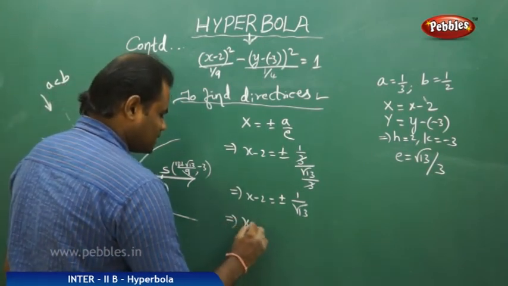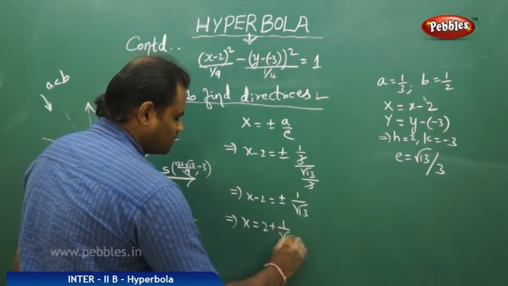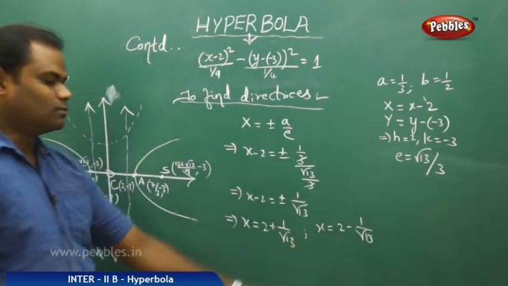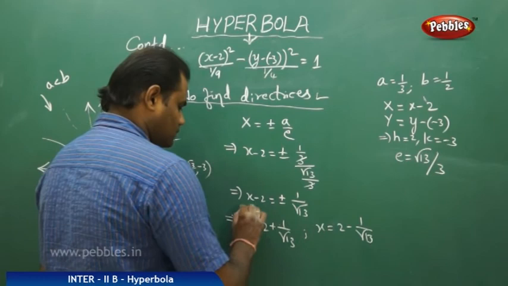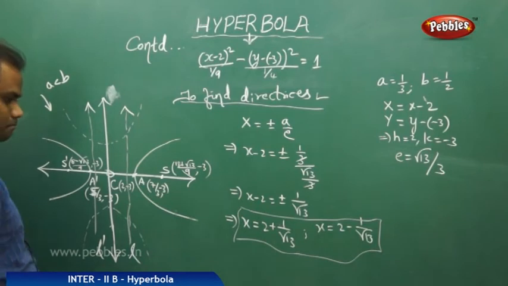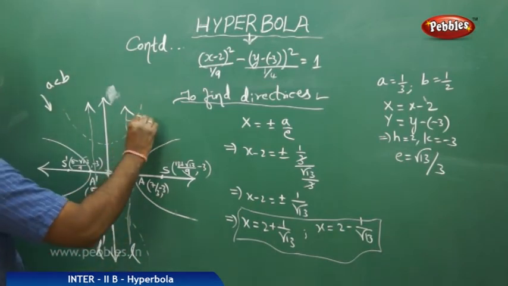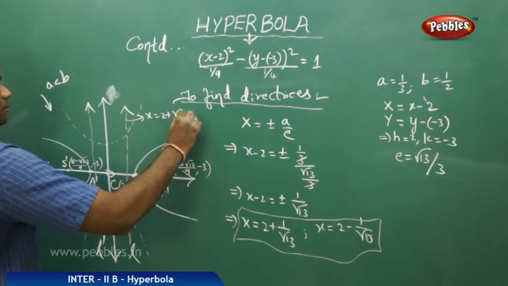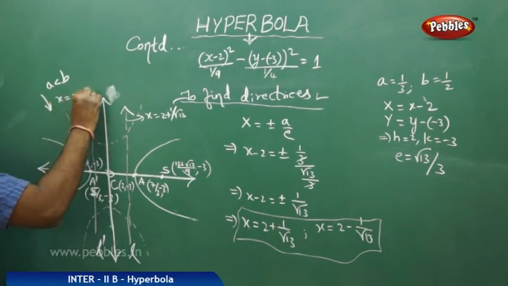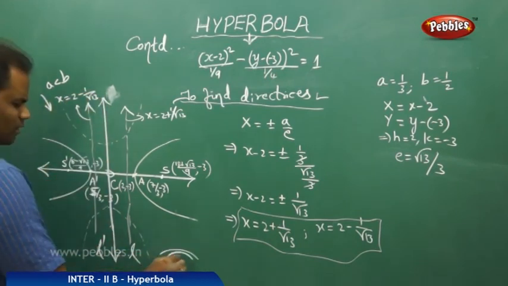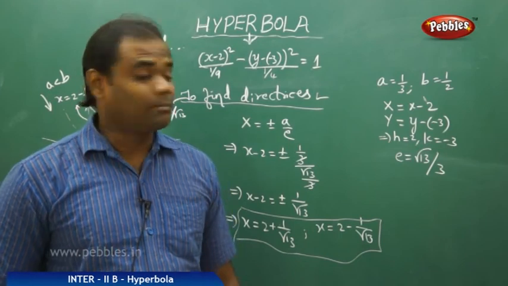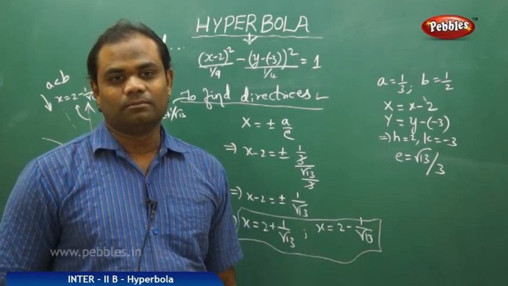That implies x is 2 plus 1 by root 13 and x is 2 minus 1 by root 13 are the equations of directrices, as we see here. This is how we understand the equations of directrices for the hyperbola in transformed form.